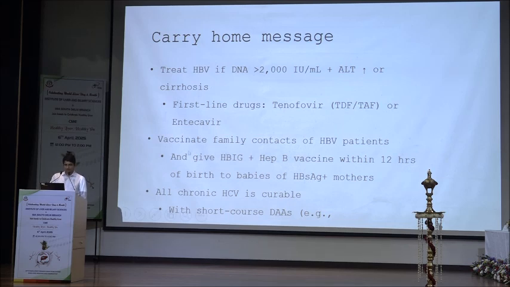To prevent mother to child transmission, one should start the antiviral in the mother after 24 weeks of pregnancy if the DNA titers are more than 20,000, give the hepatitis B virus immune globulin to the newborn baby, and do the routine vaccination within 12 hours after birth for babies born to hepatitis B virus positive mothers.